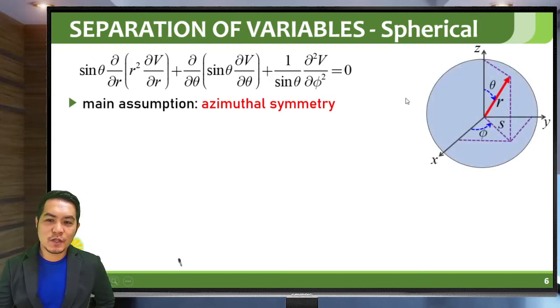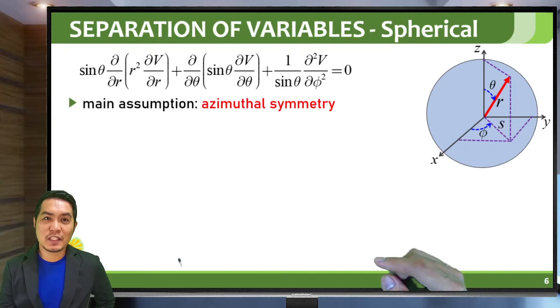If this is your sphere, the potential will most of the time be the same at all values of phi, provided they have the same values of theta and r. So it's symmetric with respect to the phi direction, or the phi axis.